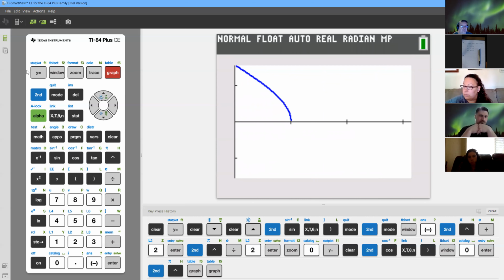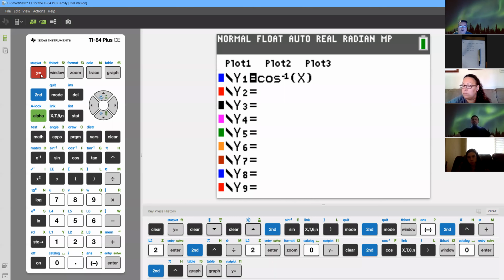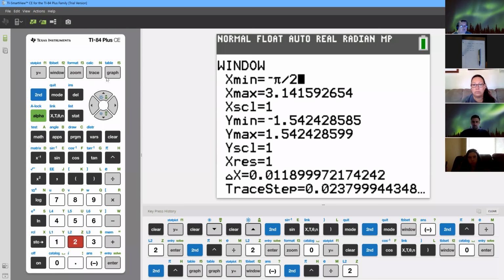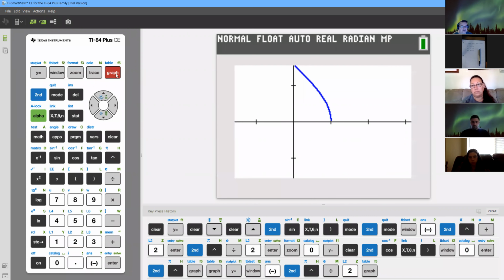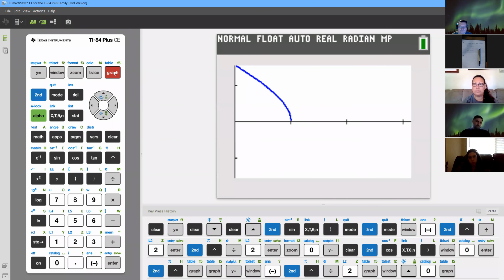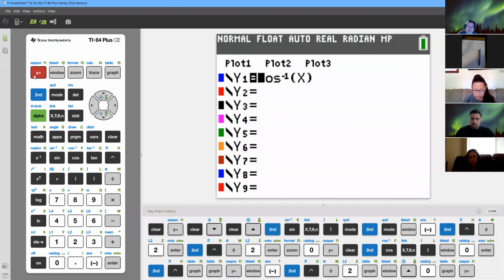Excuse me. See what's happened here. Inverse cosine is good. Window. Let's try that again. I probably did something wrong. Okay, what's not happening here? Let me pause and figure out.